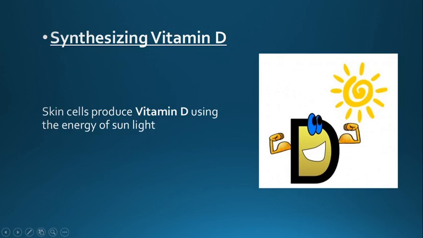But the best time to get the sunlight is before 7:30 a.m. because very light sunlight is the most important energy source for producing vitamin D in our skin. Very hard sunlight at noon is not suitable. It can give burns to our skin, so morning sunlight is better for this function.